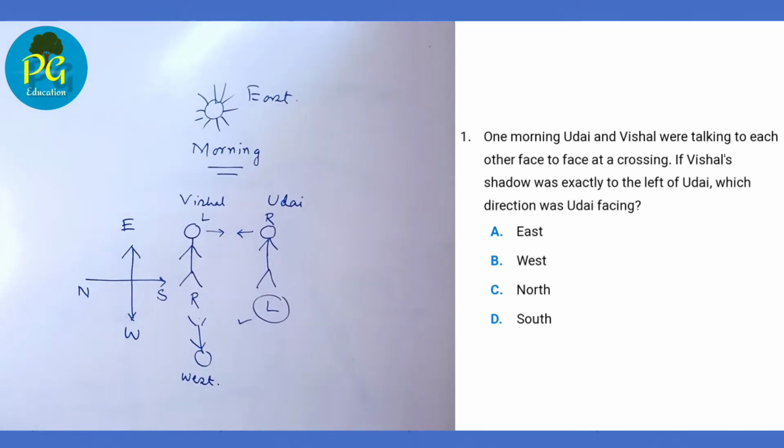Because when we are facing towards east, our right hand side is south and our left hand side is north. So which direction is Uday facing? Uday is facing towards north. Our correct option is option C, it is north.